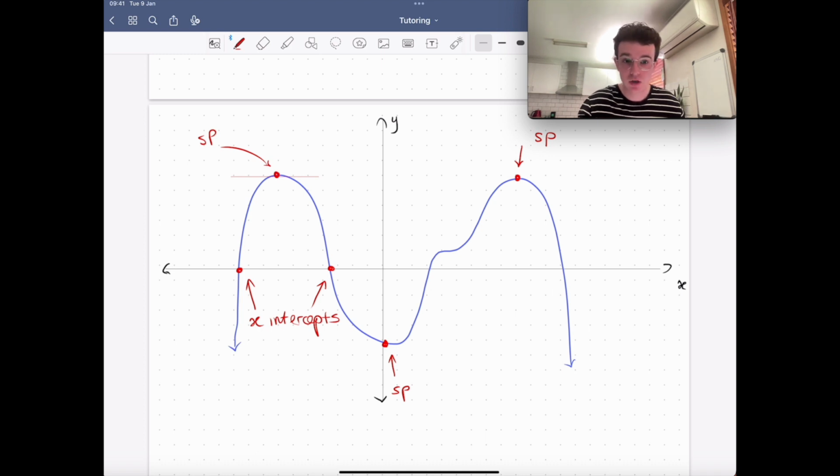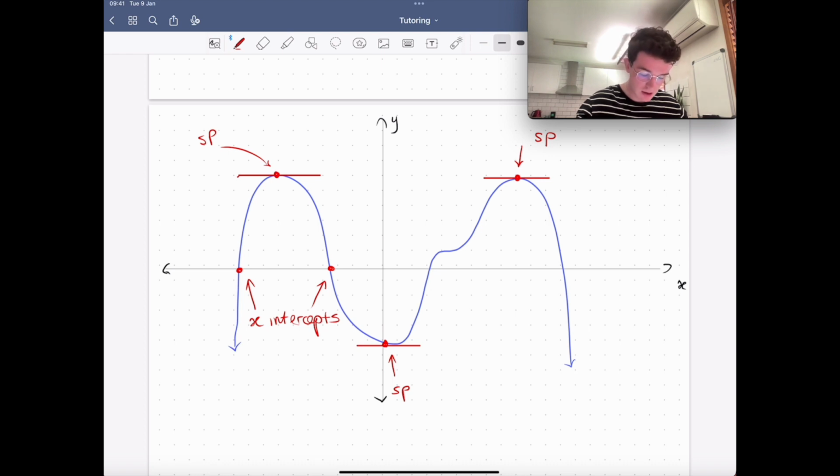We've learned about tangents to points in Advanced, which is the definition of a derivative. If I drew a horizontal line here, the gradient of that line obviously has to be 0 because it's a horizontal line. So the gradient of the tangent at stationary points is 0. We call them stationary points.